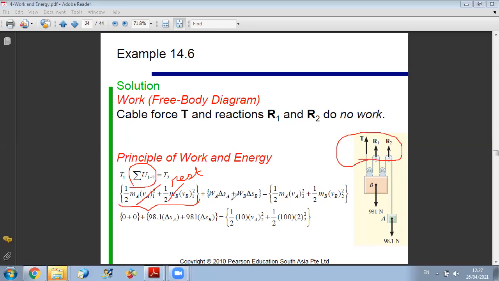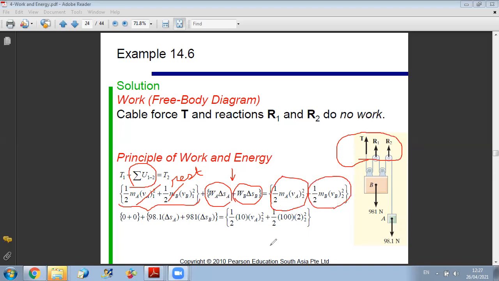So I will only have the work of the weight of A, which is plus WA delta SA, since SA is positive downward. And for the work of the weight of B, it's plus WB delta SB, equal to the final kinetic energy of the system, which is half MA VA2 square plus half MB VB2 square.